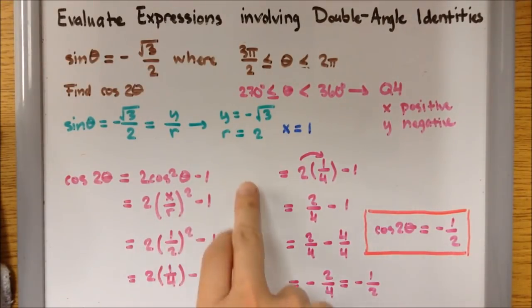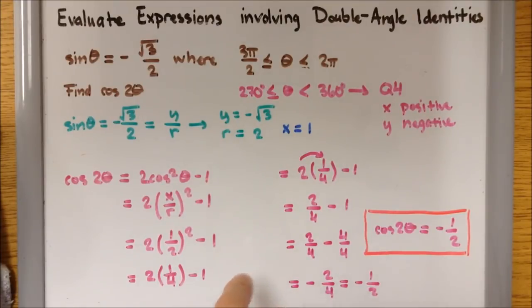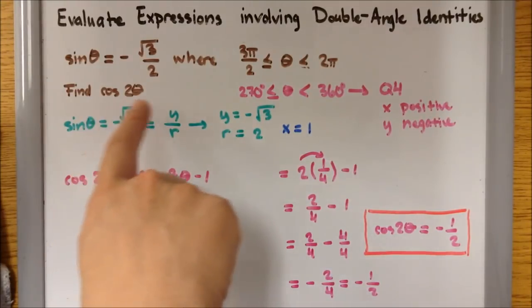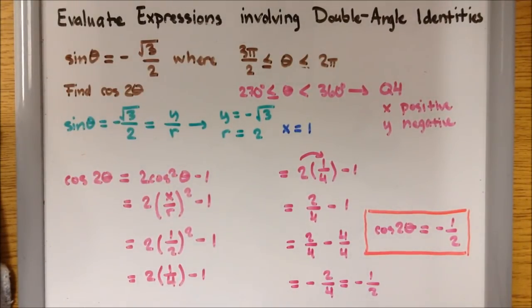Now, in the first example, we used a different identity for cosine 2 theta. In this example, I used the second identity for cosine 2 theta. Now, as I said in the previous video, there are 3 identities for cosine 2 theta, but you are free to use any of them.